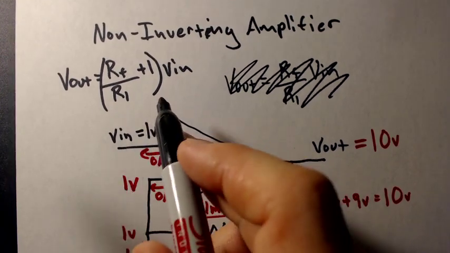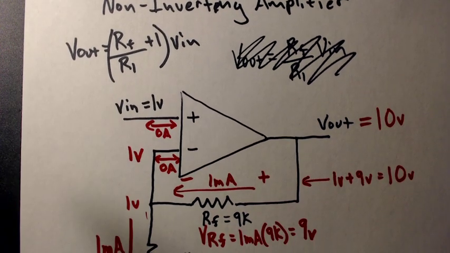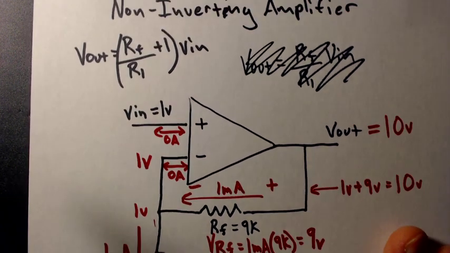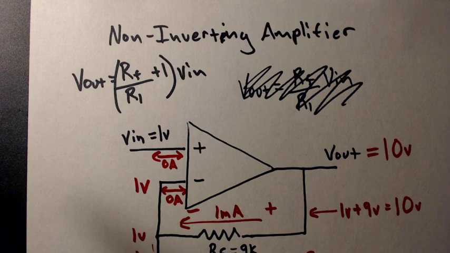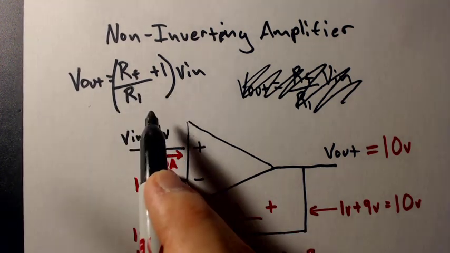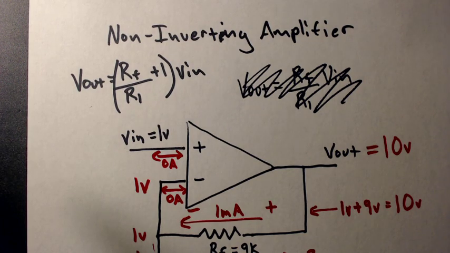Okay, so to know what an op-amp is doing when we have voltages and values for this, we don't need to memorize any equations. But the equation for this very common circuit is given by V out is equal to RF divided by R1, plus 1. So that's a non-inverting amplifier.